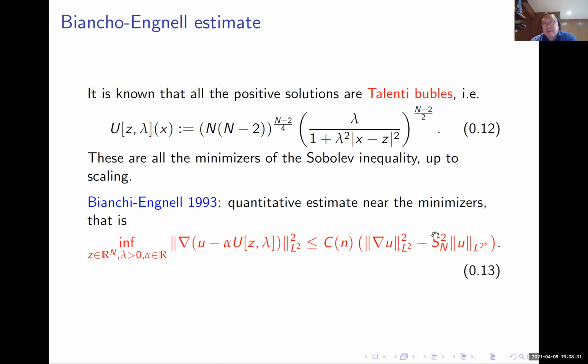So you can find what is the remainder of the Sobolev inequality, and they found this type of remainder estimate. The Sobolev deficit measures how close the function is to the Talenti bubble.